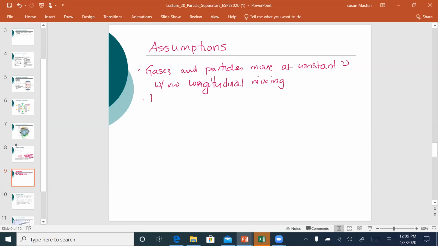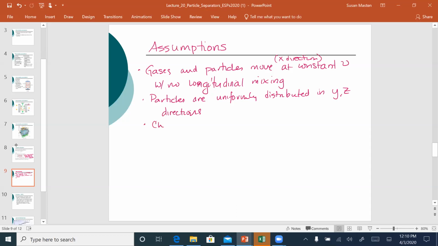The particles are uniformly distributed in the Y and Z directions. This is the X direction. So the X direction is they're moving towards the plate, but they're uniformly distributed in the Y and Z directions.